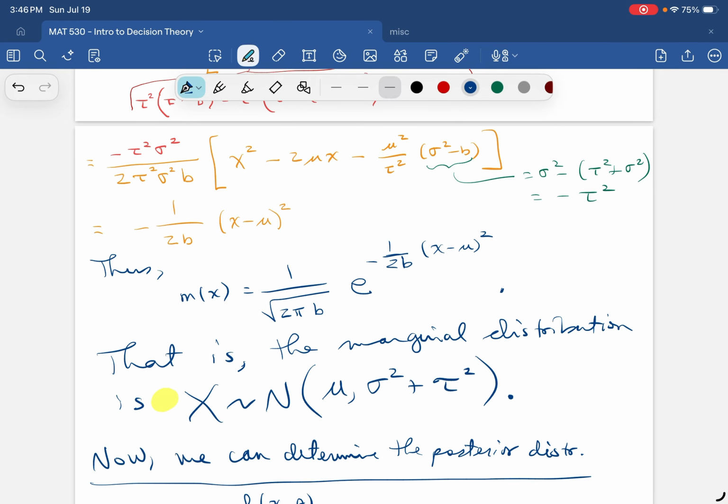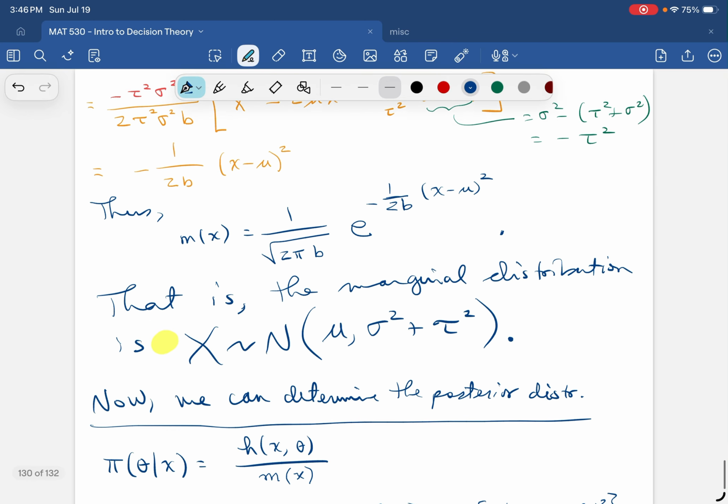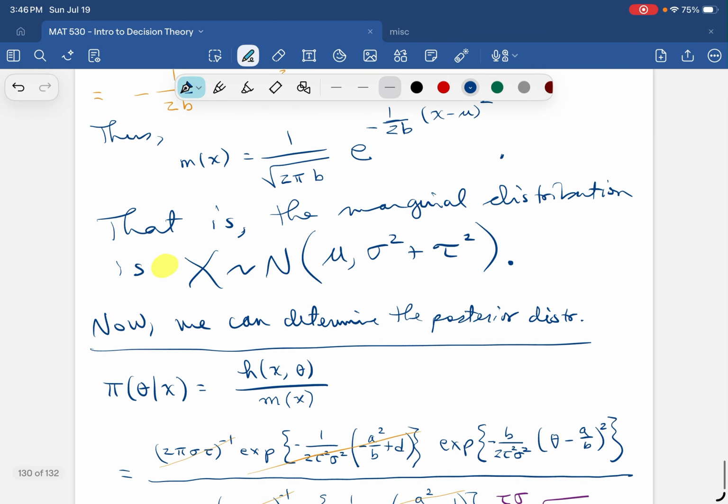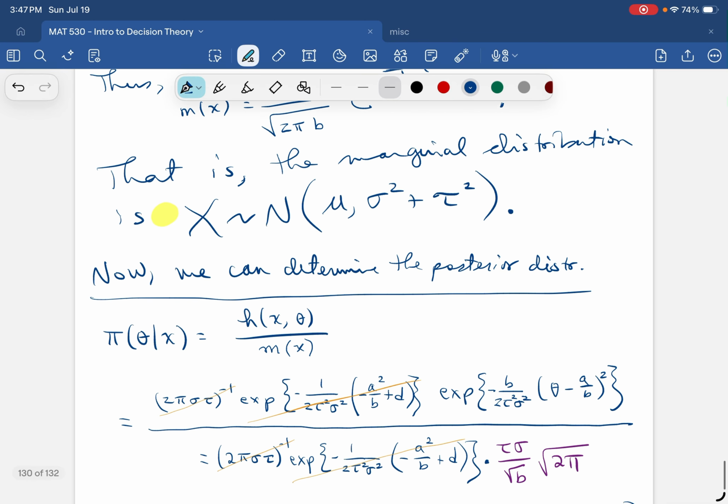Now, once we have the marginal, we can determine the posterior distribution using the formula we alluded to earlier. I went back and got a form of the marginal that involved some of the predefined constants, because using the form that we had of the joint, they cancel, and it's much easier to simplify from there.